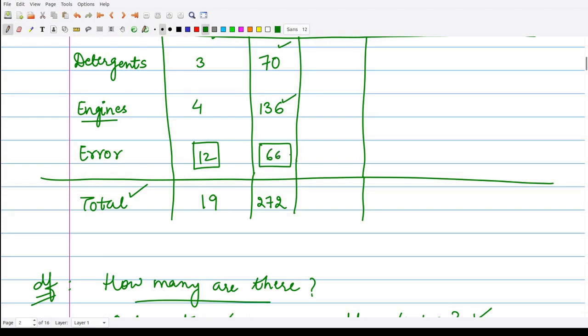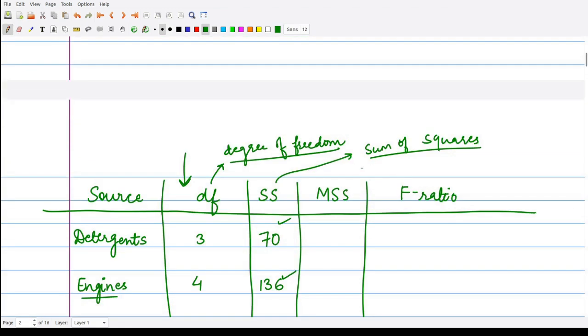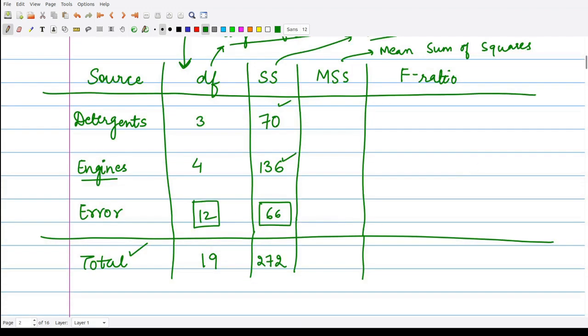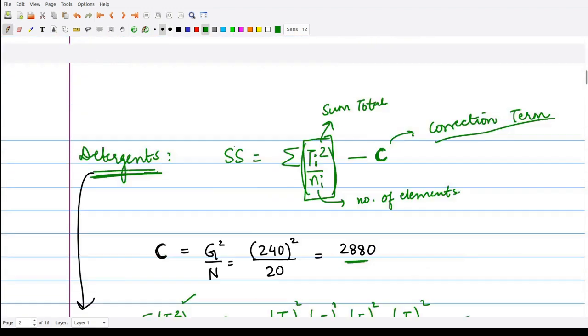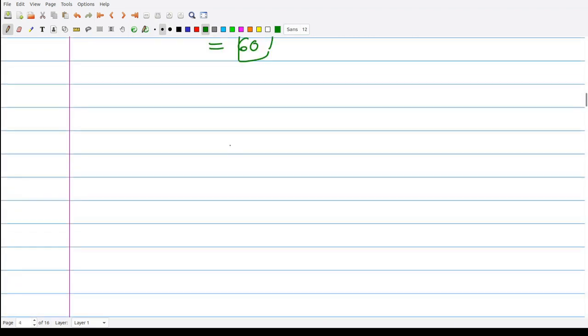Okay. Once you have this sum of square, next you will calculate mean sum of square. Let me write here the formula.